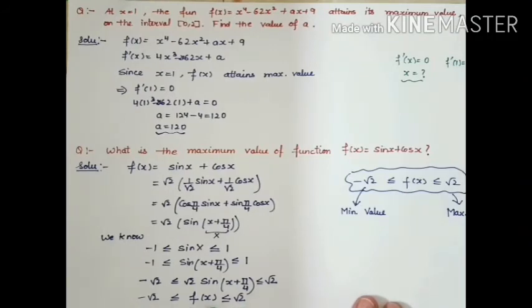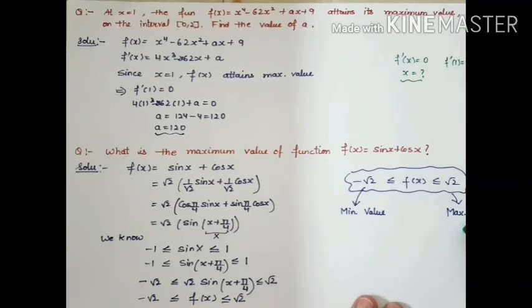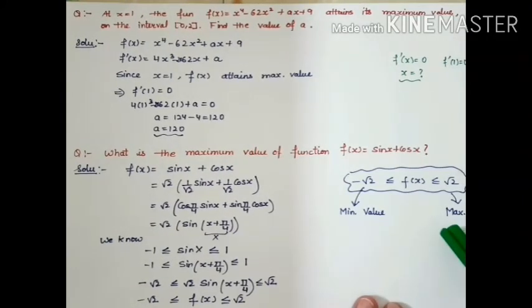So f of x can start from minus root 2 to root 2, right? So we can say that minus root 2 is the minimum value and root 2 is the maximum value for this particular function.